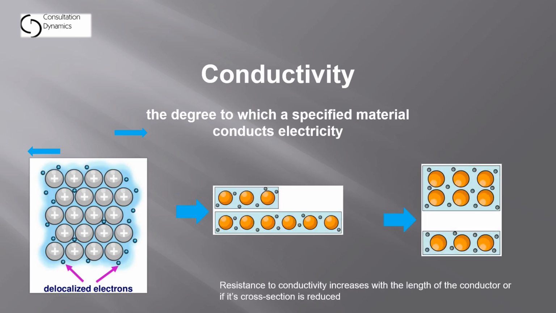When we look at the physical makeup of a conductor, if we double its length, we also double its resistance to the flow of electricity. Or if we take a conductor and cut its cross-section in half, we again double its resistance, because the physical characteristics of the conductor, apart from the material, have everything to do with how much electricity can flow through it.